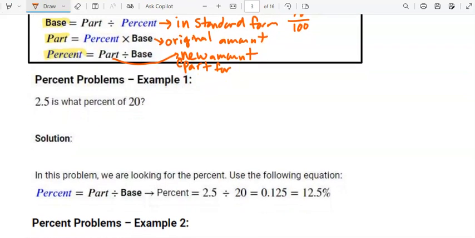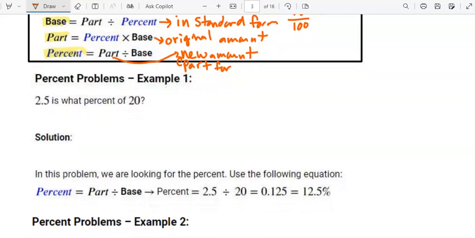Percent problems, example 1. 2.5 is what percent of 20? 20 is the base, percent is what we don't know, and then 2.5 is the part. We'll abbreviate base as B, part as P, and percent as a percentage sign.